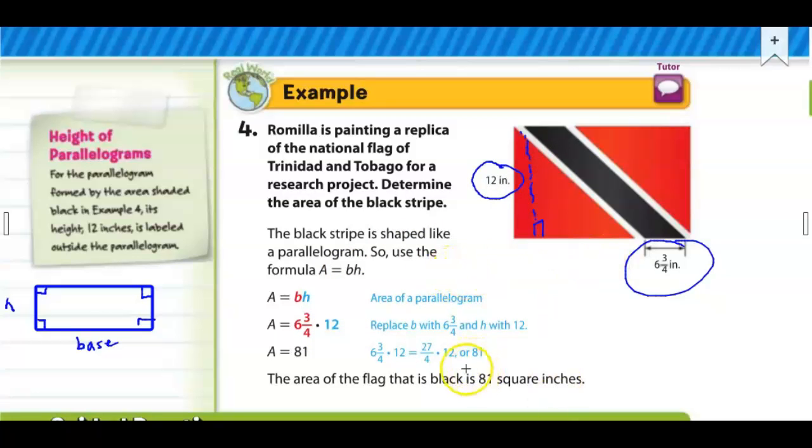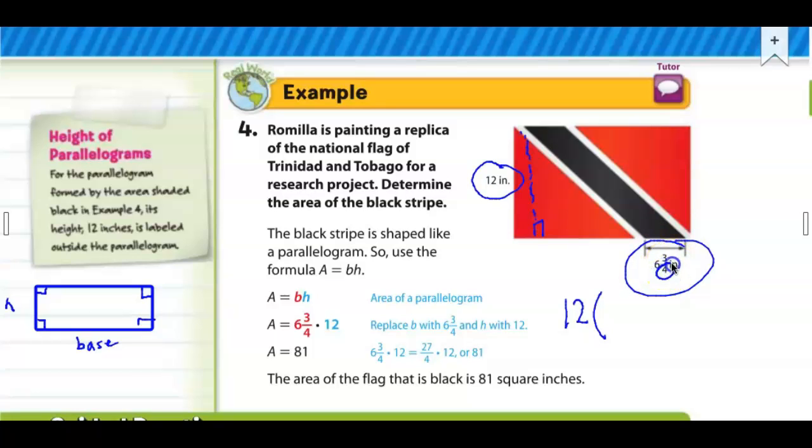Now what makes this particular problem slightly more complicated, because you keep base times height, and we have 6 3/4 inches times 12, is the fact that this is a mixed number with a fraction. And so we're going to walk through that here in just a moment. Basically, before you can multiply anything that has a fraction, if it's a mixed number, you need to make it an improper fraction.